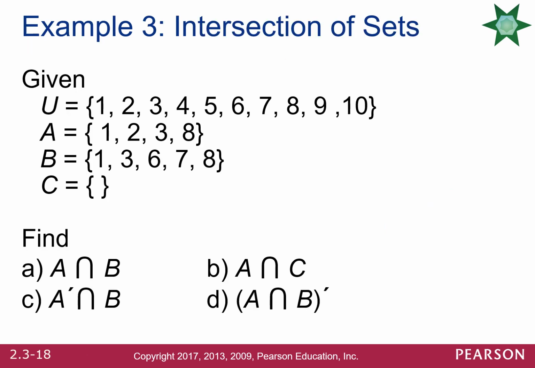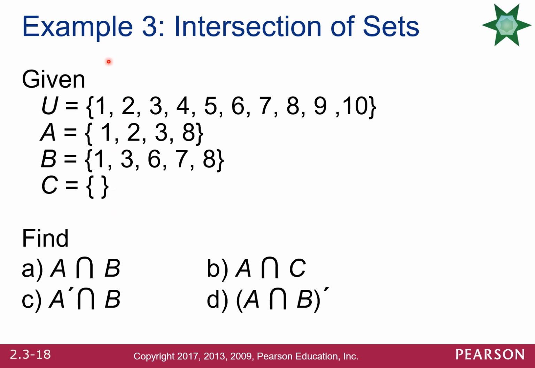Now we will go through an exercise of finding the intersection between two sets, given a set of elements for the universe, a subset of the universe named A, a subset of the universe which is named B, and C, which represents an empty set.